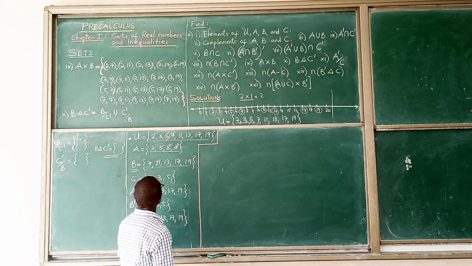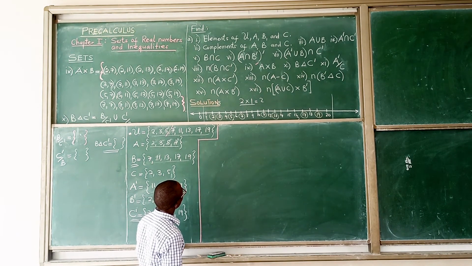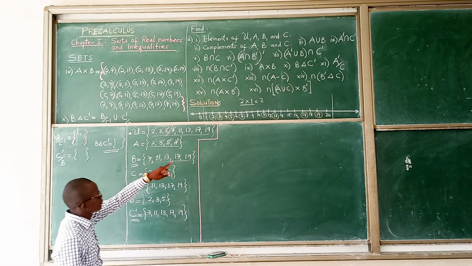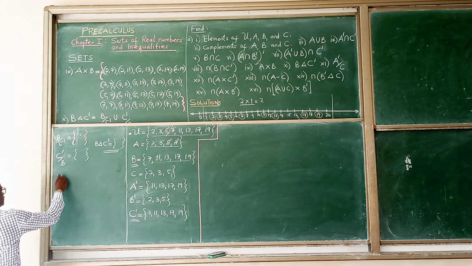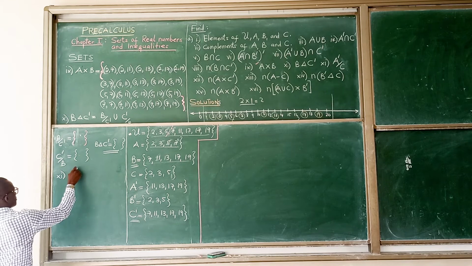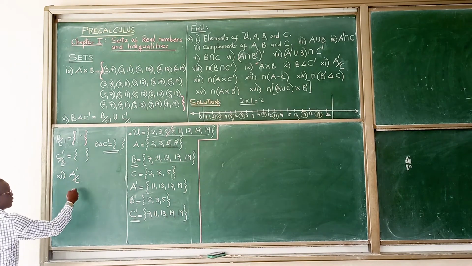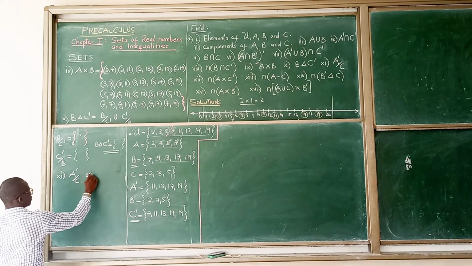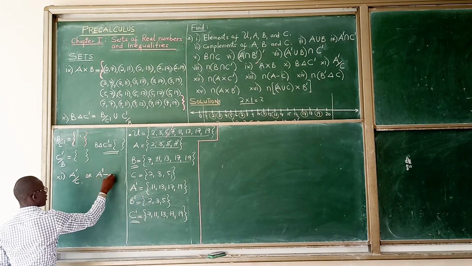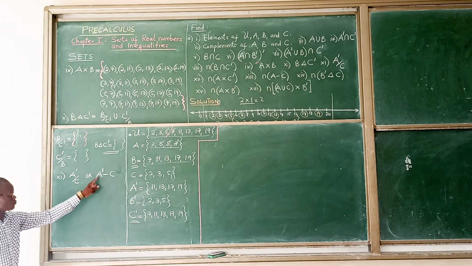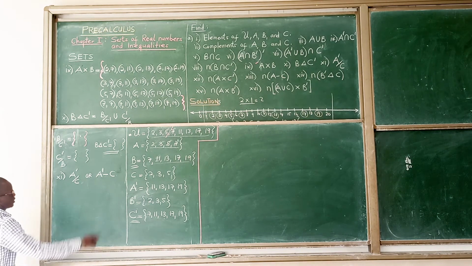We have the next one, question 11. A prime different from C. 11 says A prime different from C. And now, this is also written as A prime minus C. So let's look at it.